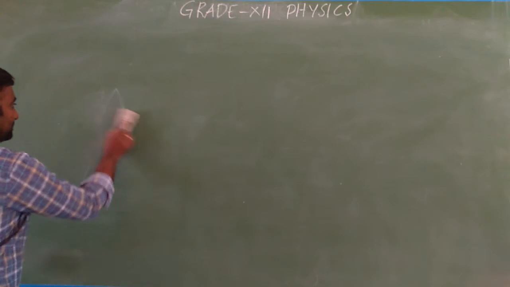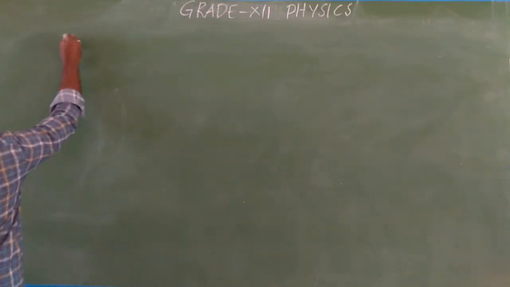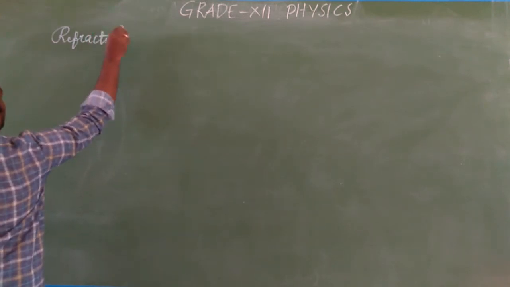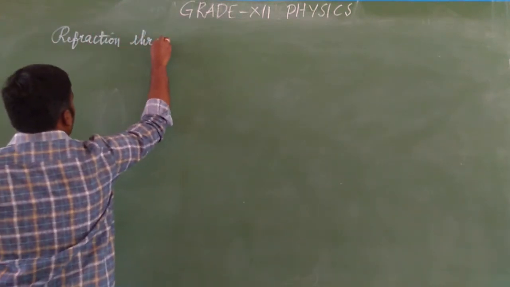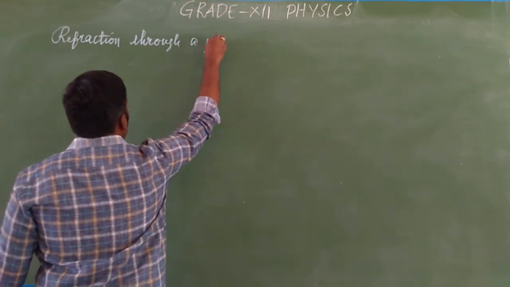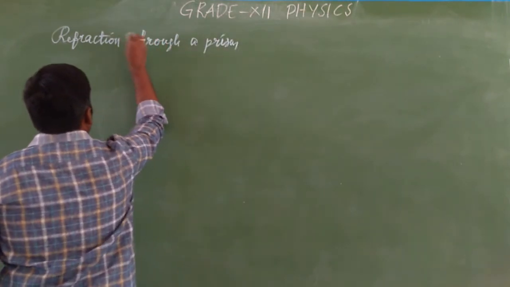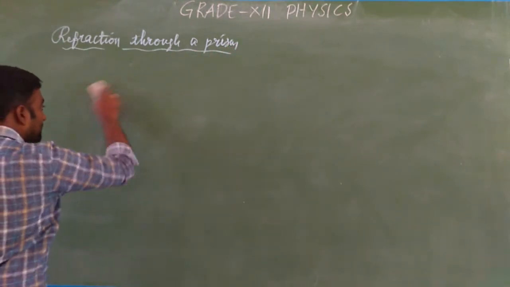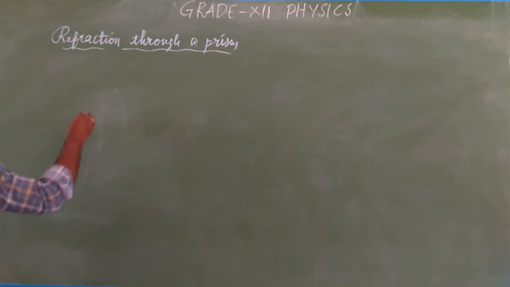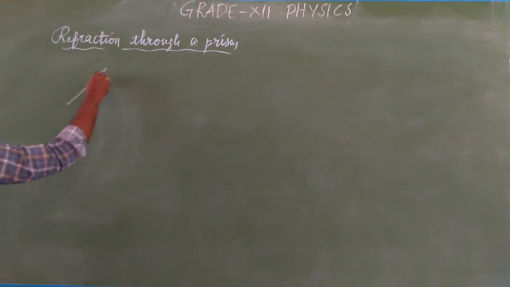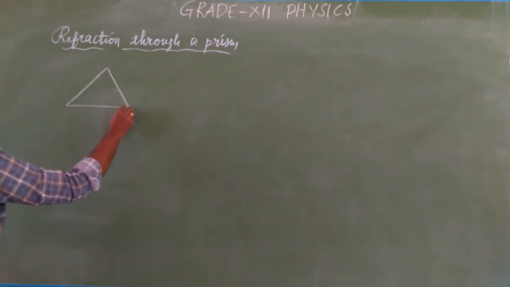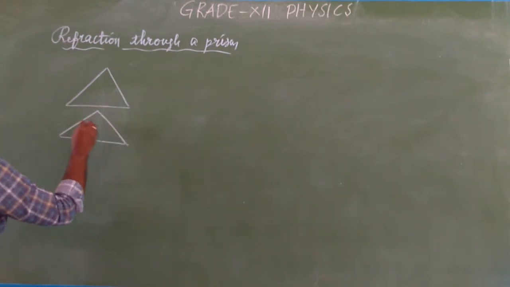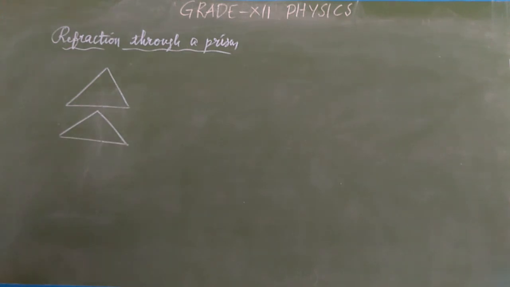Basically, what is a prism? Refraction through a prism. A prism is nothing but a transparent glass that has two triangle bases, and it has three lateral surfaces.